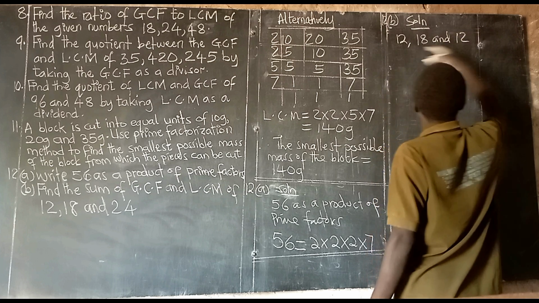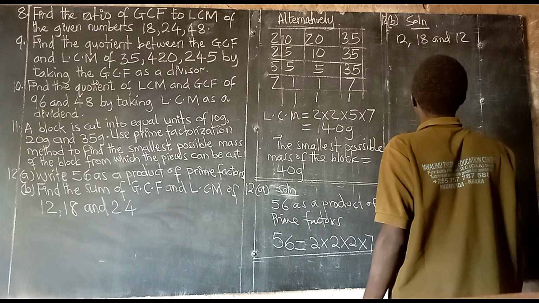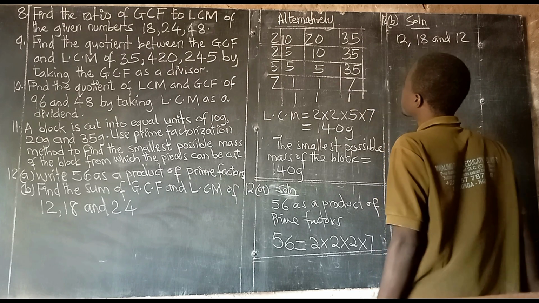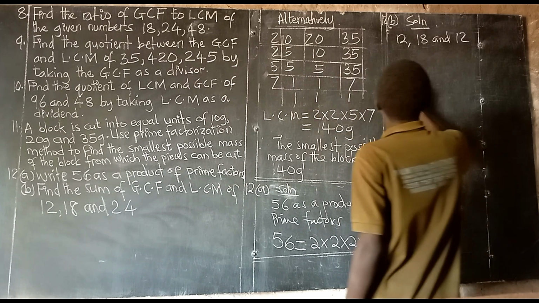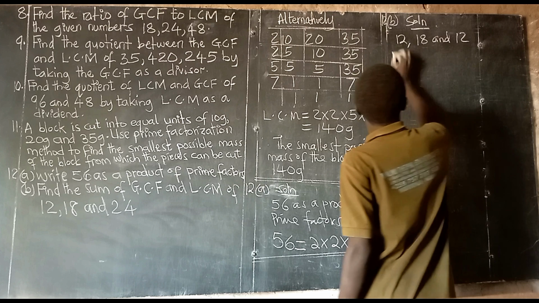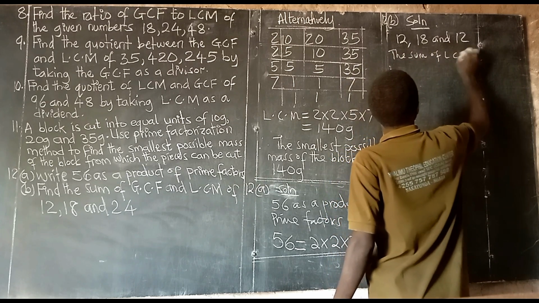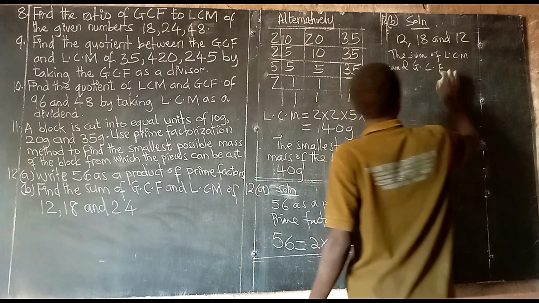The same, we're going to use the prime factors as I have been doing here, and I am going to use this system of using blocks. As you see, it is the simplest one. Here, we are asked to find the sum of LCM and GCF for these 3 numbers.